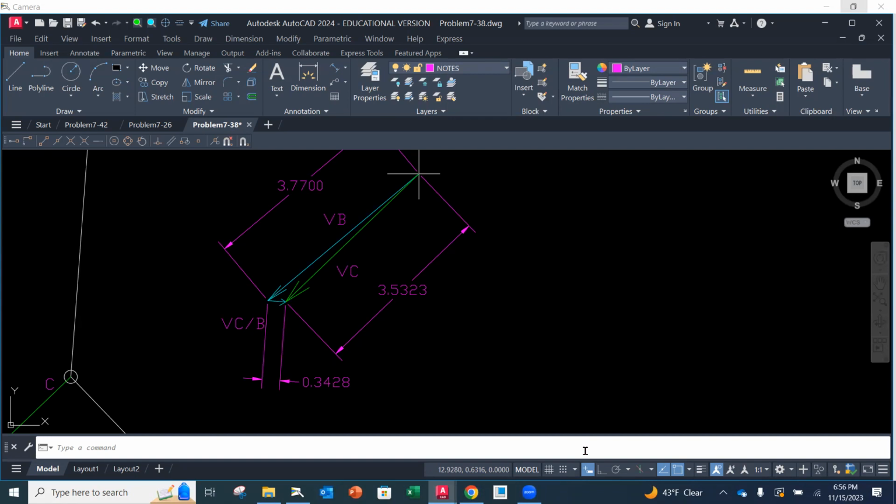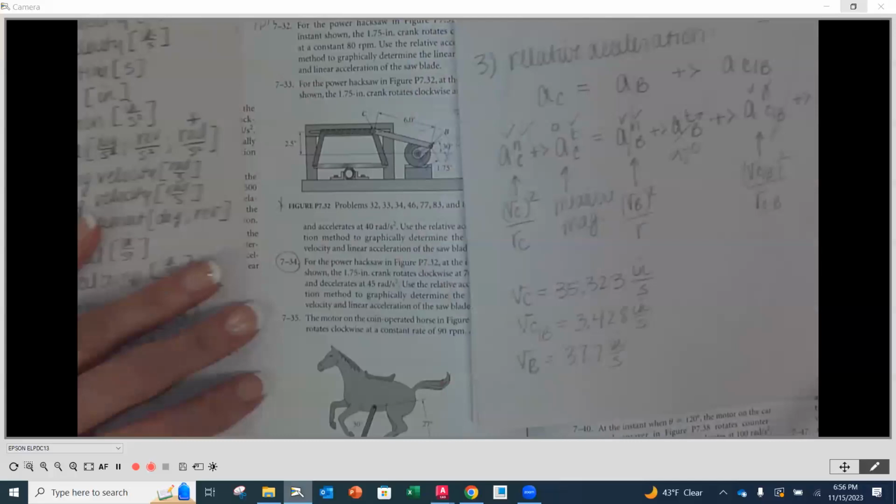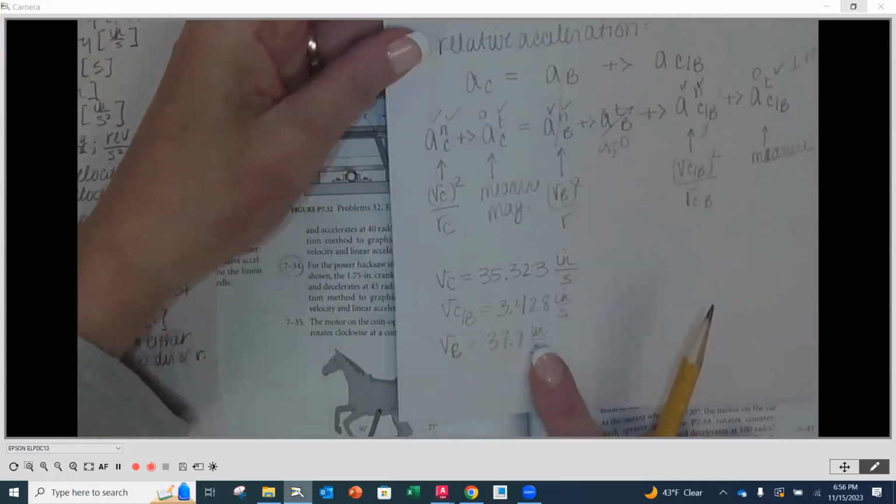Our velocity of C relative to B was 3.428 inches per second. And our velocity of B, we know, was 37.7 inches per second. Okay, so I wrote those values down over here.